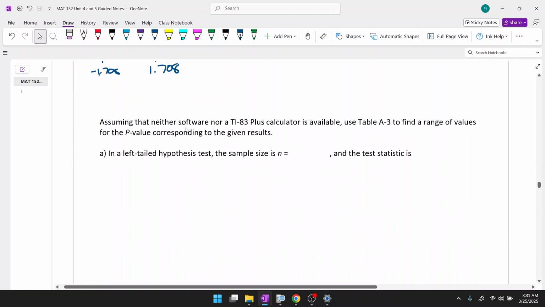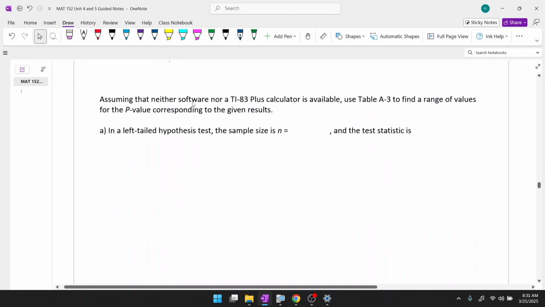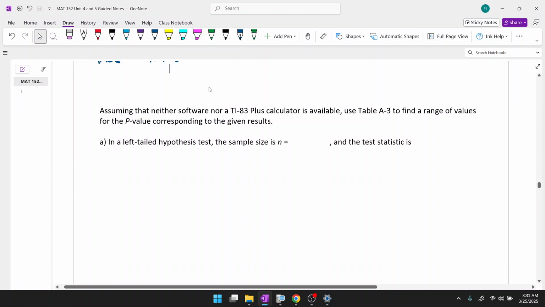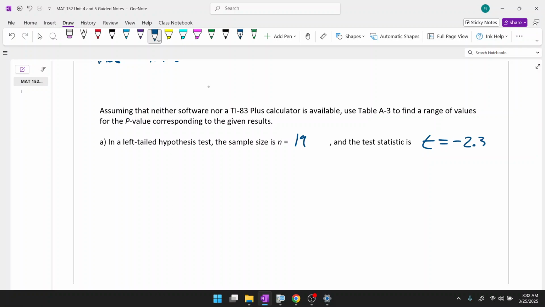Now, assuming that neither software nor calculator is available, here's what we're going to do. We're going to pick an arbitrary sample size of 19, and in a left-tailed test, we're going to do, say, negative 2.385. Obviously, this is a left-tailed test.